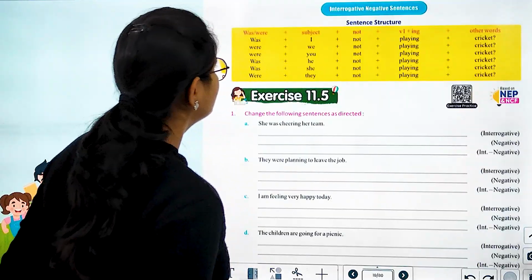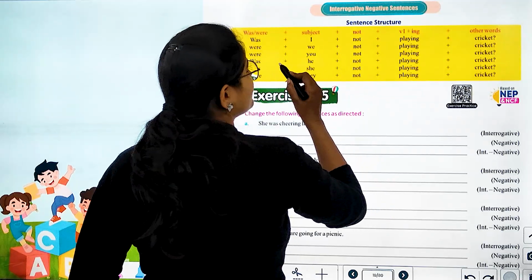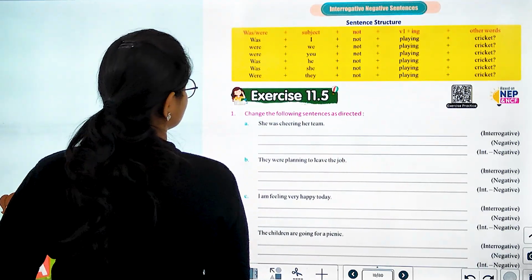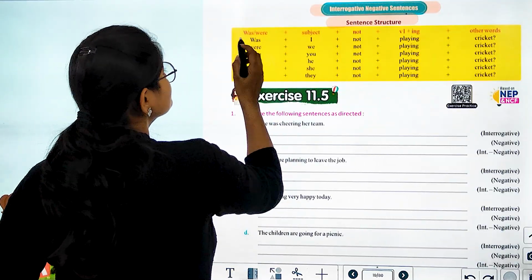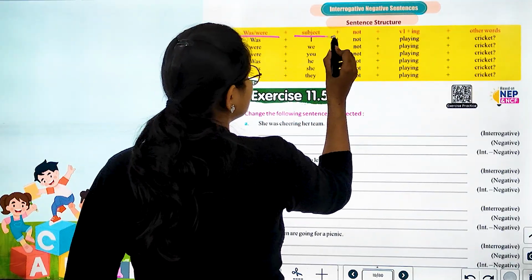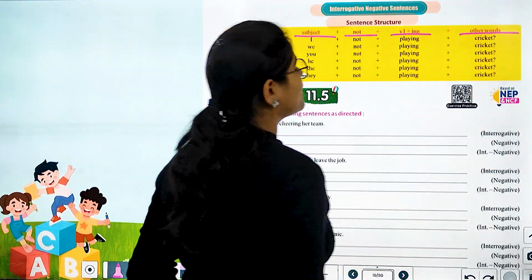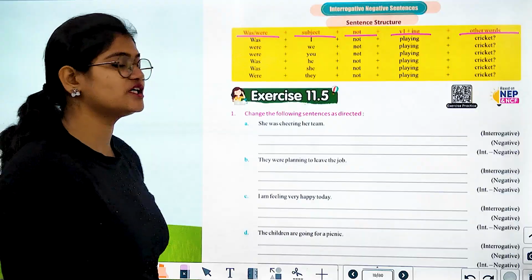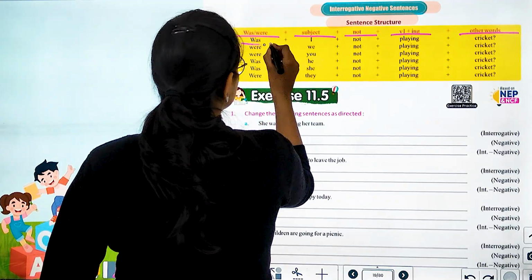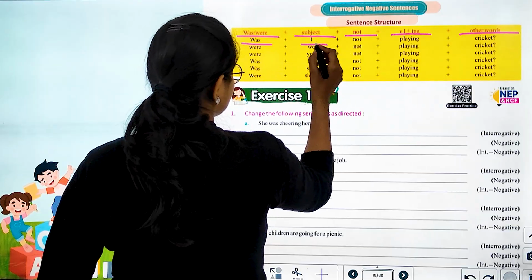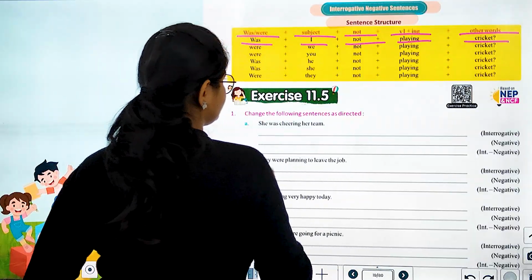Now moving ahead, next up that we have is interrogative negative questions. अब negative questions के sentence structure की बात हो रही है. So let's see, was or were plus subject plus not plus verb का first form with ing plus the other words, right? So they say was I not playing cricket?